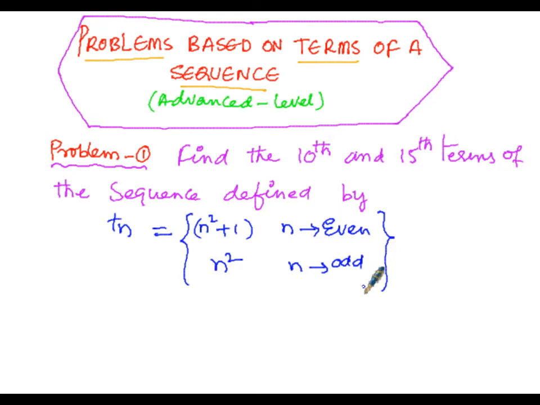So we have to find out the 10th term as well as the 15th term of the sequence which is defined by Tn equals n square plus 1 when n is even and n square when n is odd.